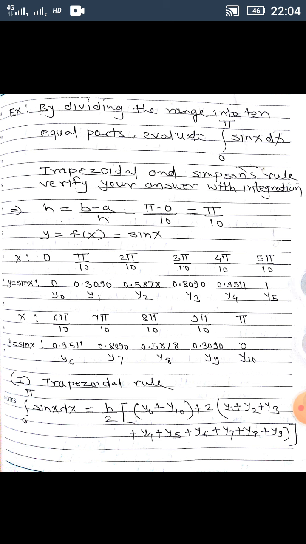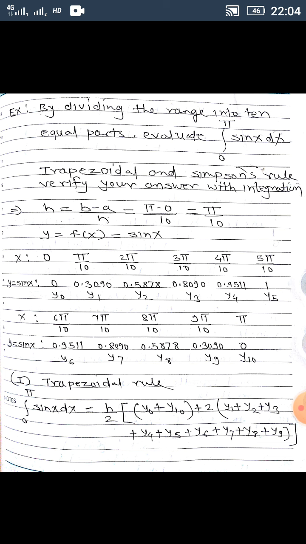So 0, 0 plus pi by 10 is pi by 10, plus pi by 10 is 2 pi by 10, 3 pi by 10, 4 pi by 10, 5 pi by 10, 6 pi by 10, 7 pi by 10, 8 pi by 10, 9 pi by 10, and 10 pi by 10, that is pi. So we start from 0 and end at pi, that is our interval.